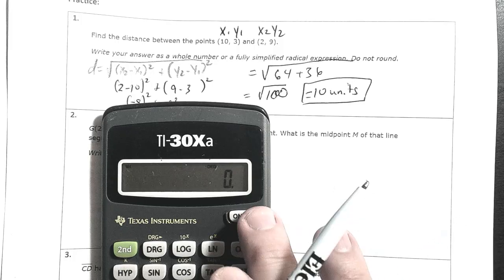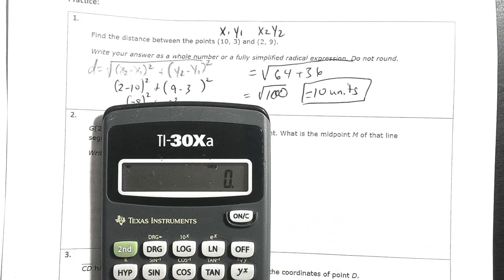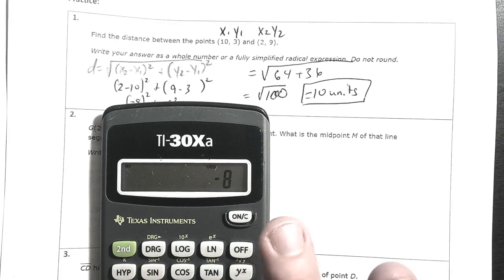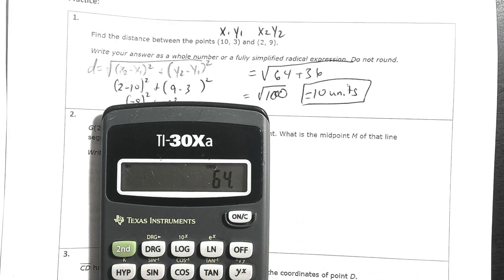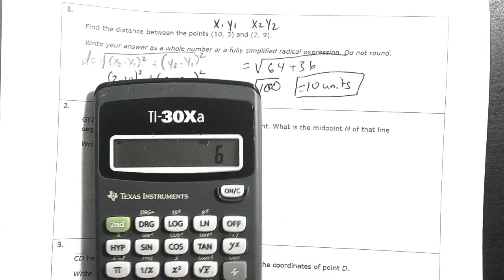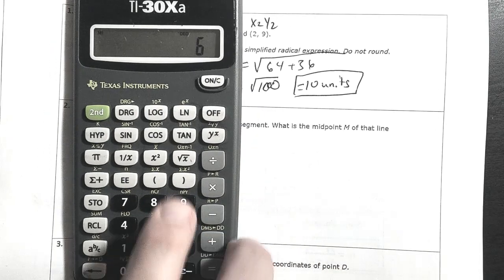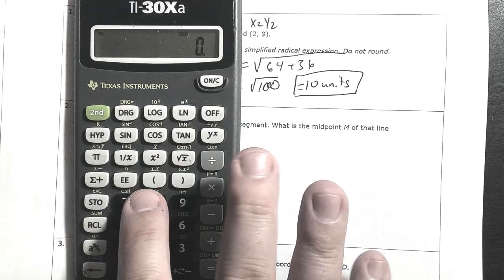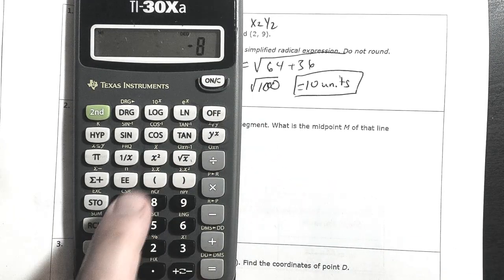Because if you don't have DEG on there, you will have a lot of problems. So negative 8 squared plus 6, and oh, I just realized you can't see me. So we'll do it over. So negative 8. This is the square button.